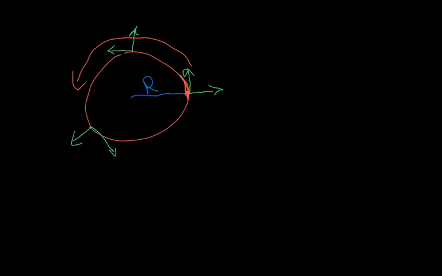That radial component, this is the radial part, we refer to as the Greek letter rho. The tangential component is the phi vector.